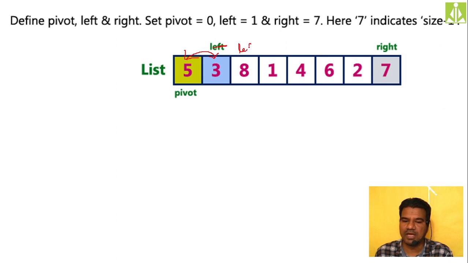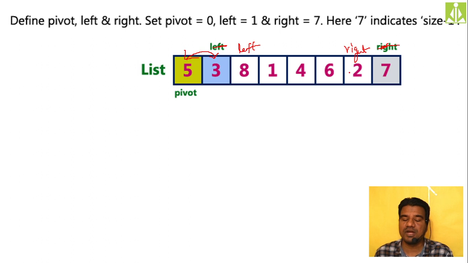Again you do the comparison. It is greater, so stop here itself. Then come to right. List of right is greater, so move right over here. Then compare list of right with pivot. It is smaller, so stop here itself.